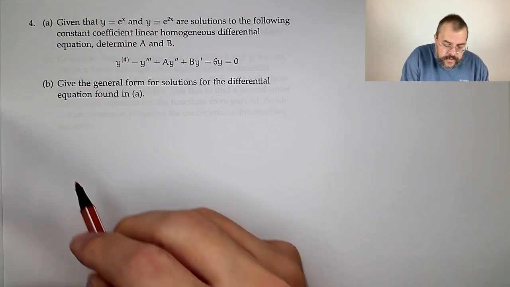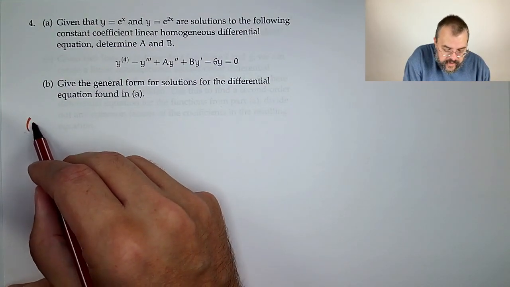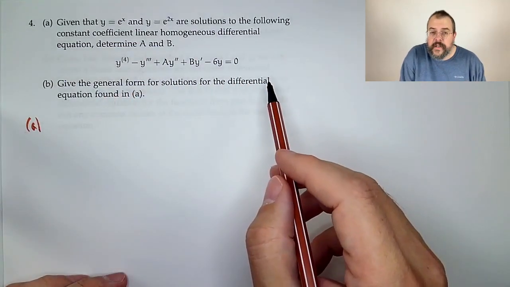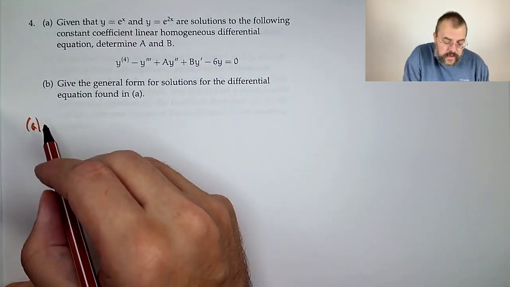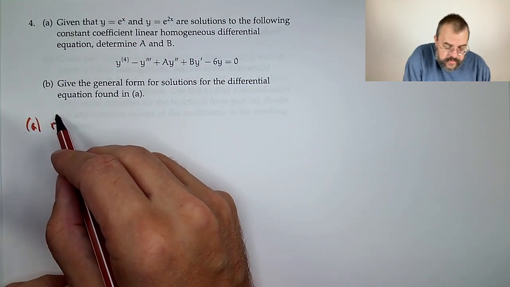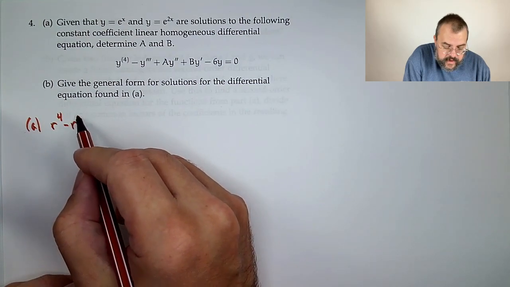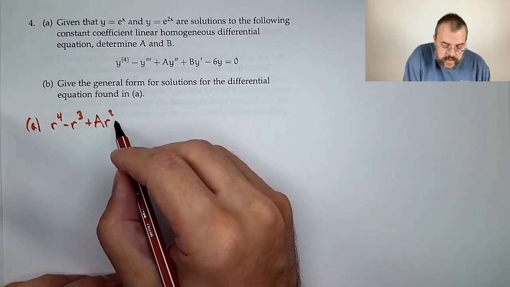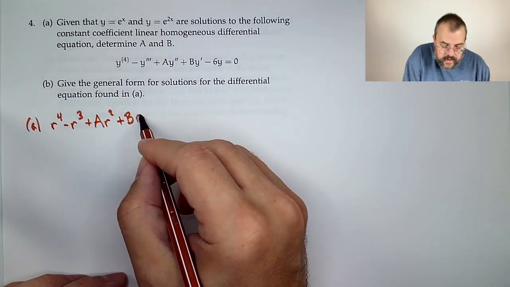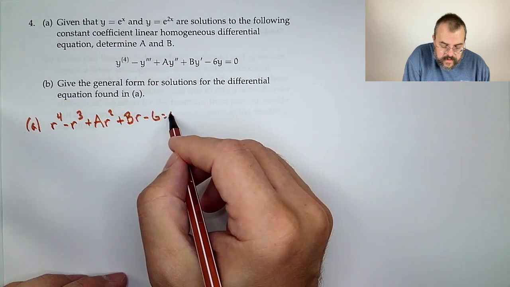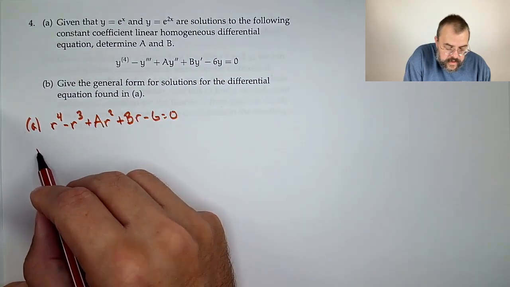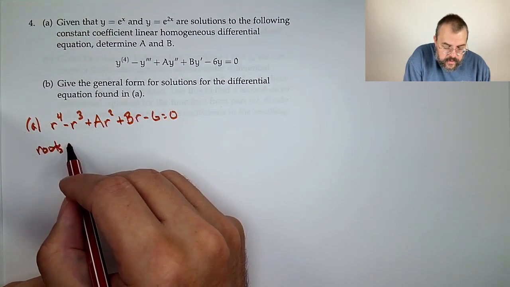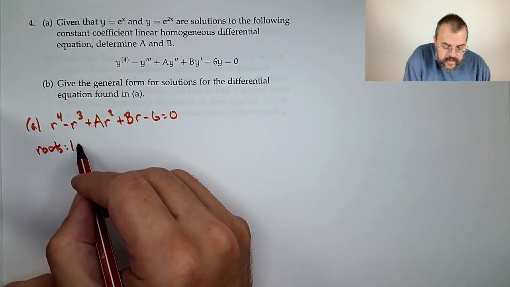Well, what we can do is say, okay, we'll convert this into our characteristic polynomial. So you have r to the 4th minus r cubed plus something r squared plus something r minus 6 equals 0. And we know that this has roots 1 and 2.